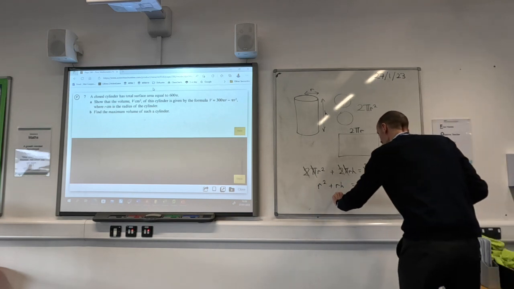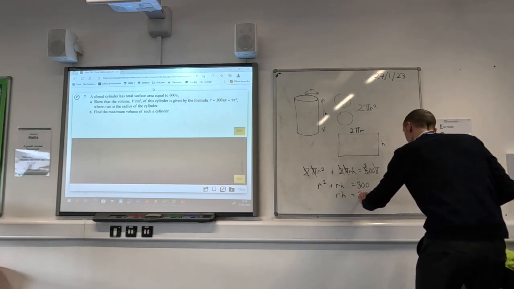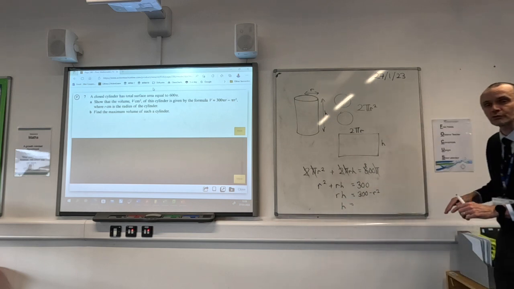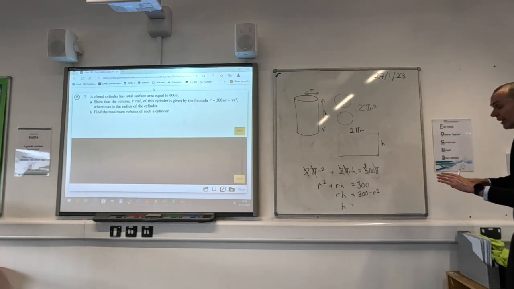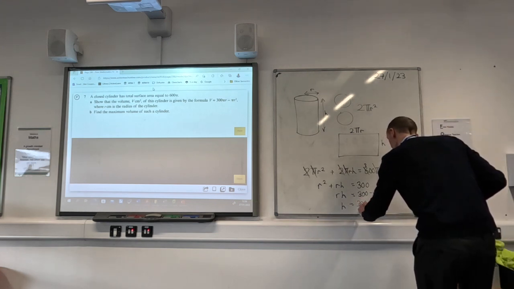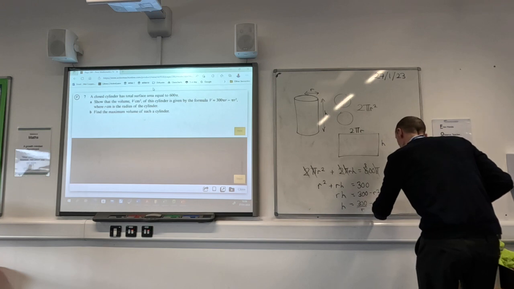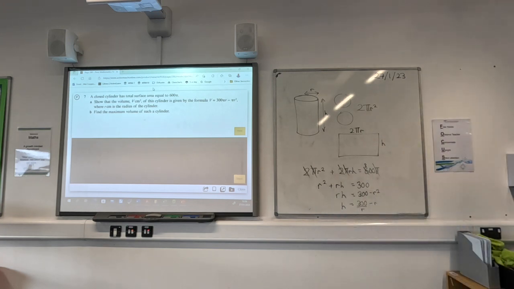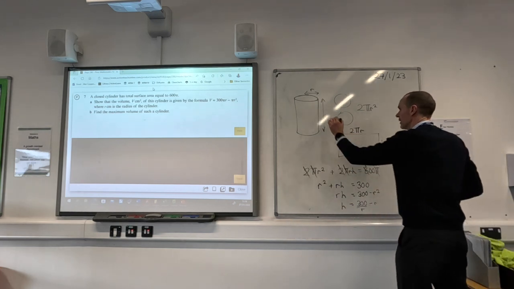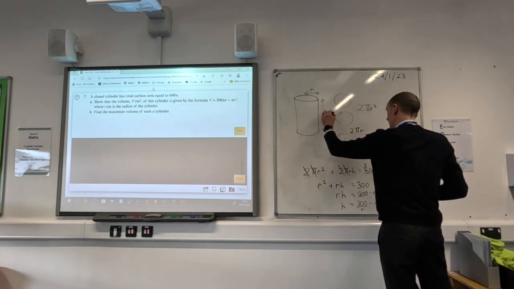So hopefully you can see what I need to do there. I subtract the r squared and then divide by r, and I could just write that as 300 minus r squared, over r. I'm choosing to divide by r separately. So then that's my height.